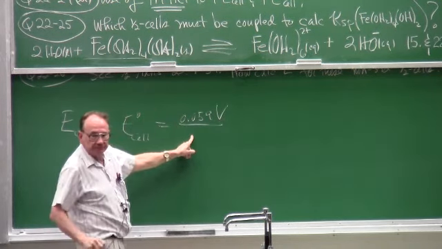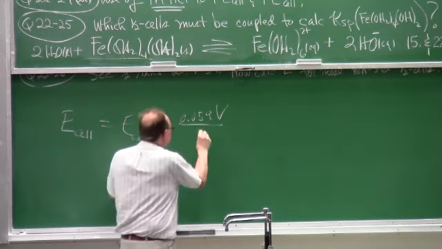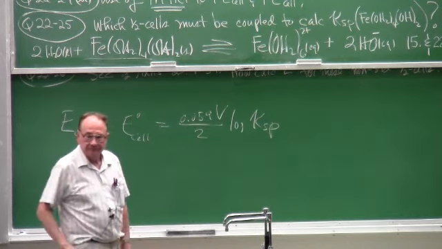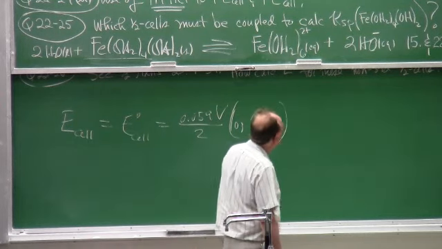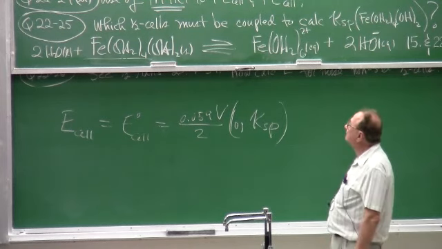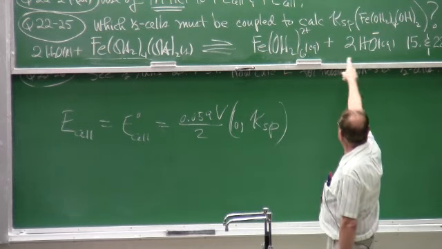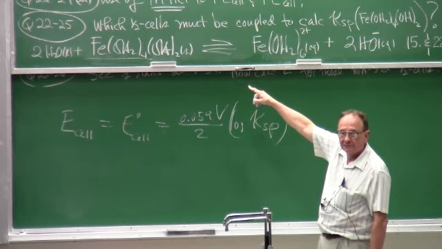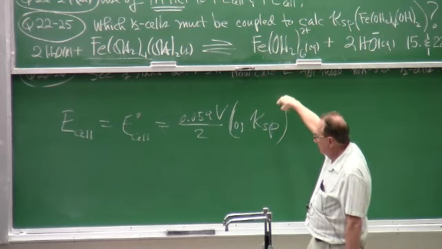What's N? Log KSP. It's going to be the molarity of this times the molarity of this squared, because by definition that gives us KSP for this stuff. All right?